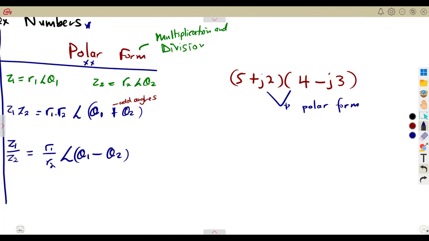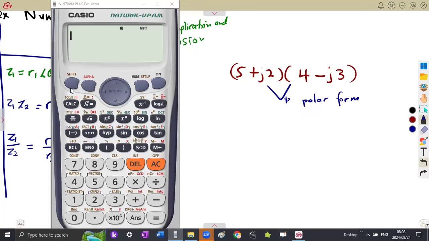So let us just quickly see how to deal with this one. You simply convert to polar form. Let's start with the first bracket. So that's shift to polar form, press a plus. First number 5, separate with shift, close bracket, you press the 2. Okay, so this is equal to what? In polar form, remember, you expect R and theta.